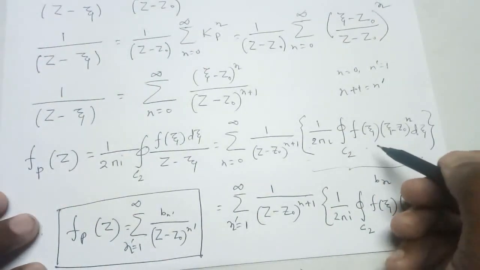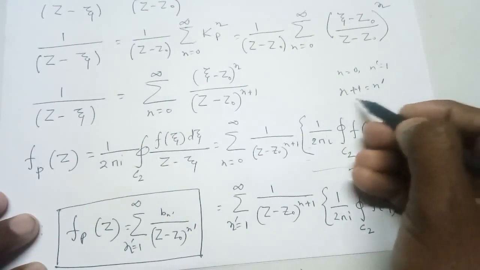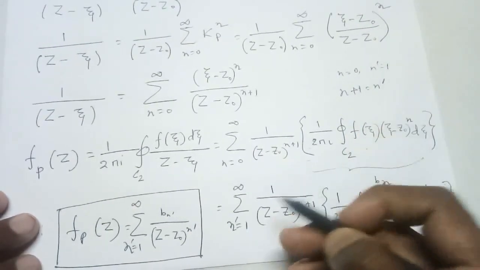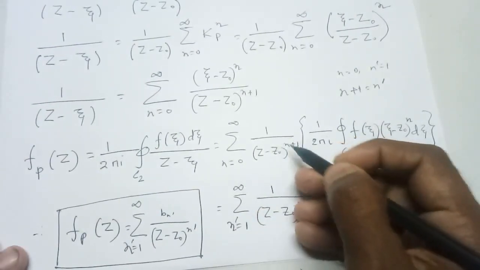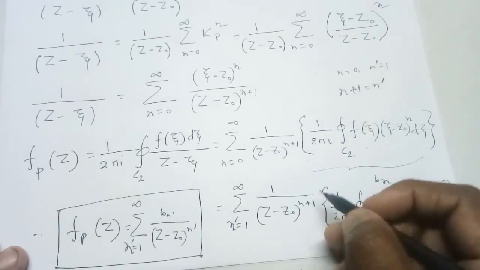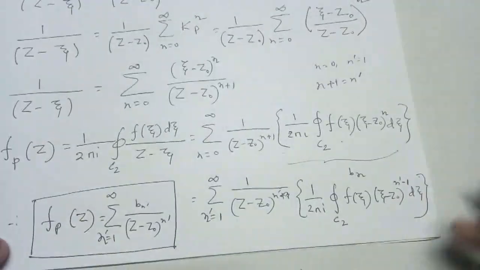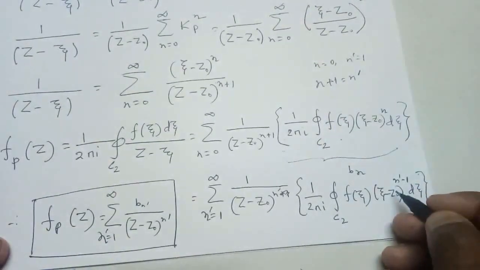And here we are going to change the index of the summation from n to n prime by substituting n plus 1 equal to n prime. When n equals 0, n prime equals 1. Therefore the summation will run from n prime equal to 1 to infinity. The n plus 1 will be replaced by n prime, and this n will be n prime minus 1.